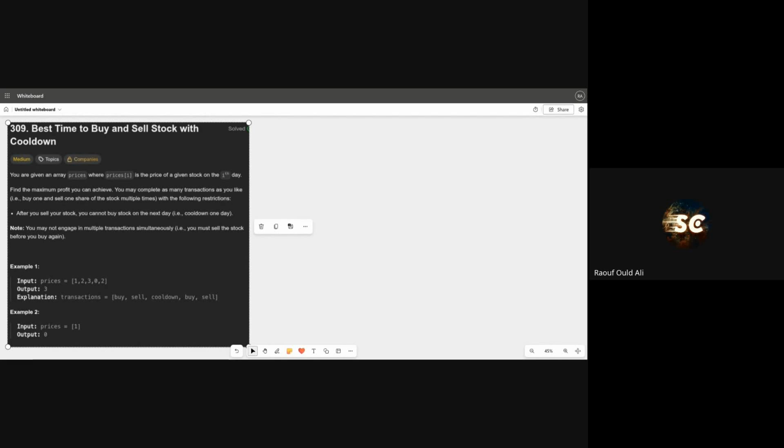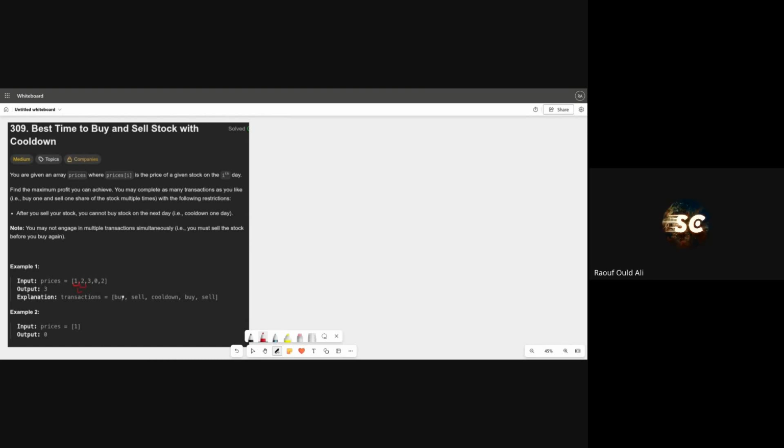Okay, if I go from left to right, let's say that I buy on day one, and I go until it becomes more expensive, and I sell, right? Yes.